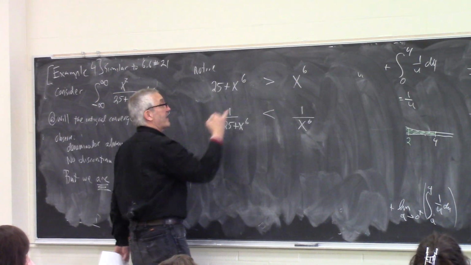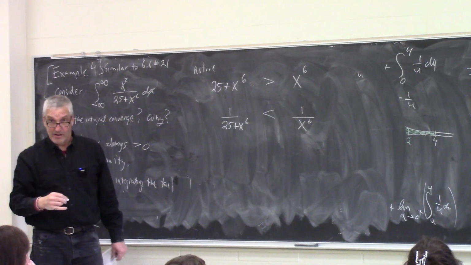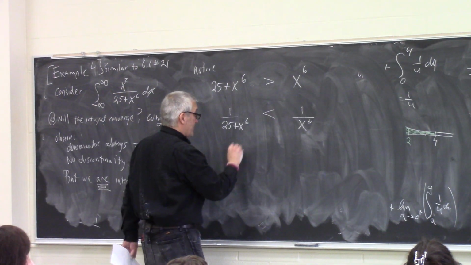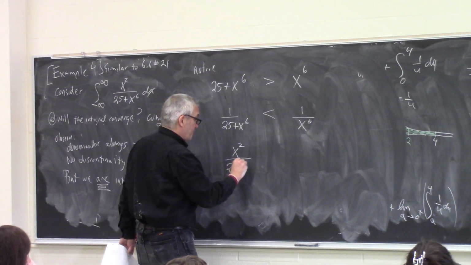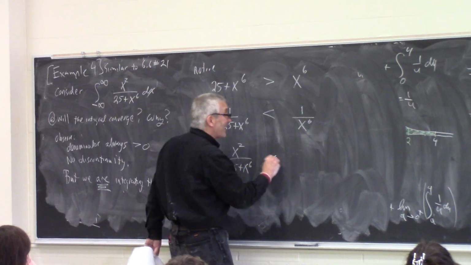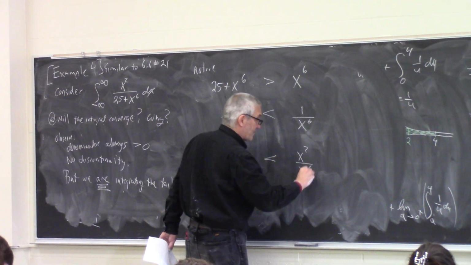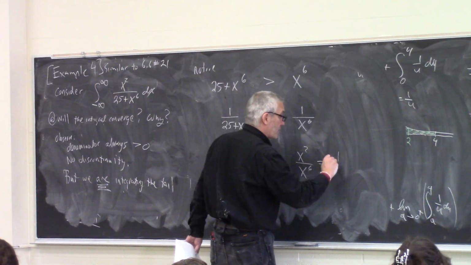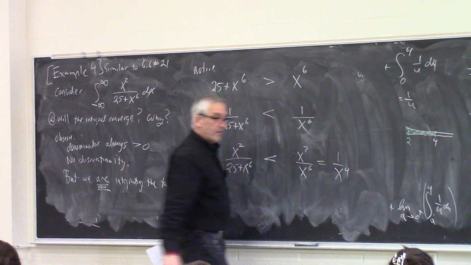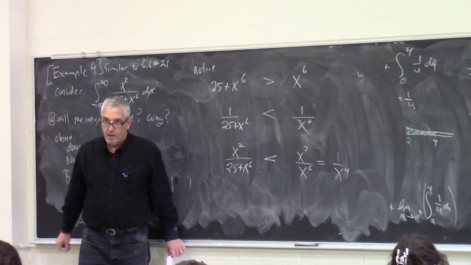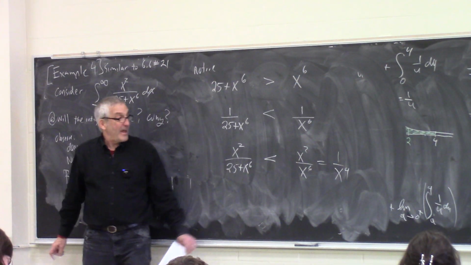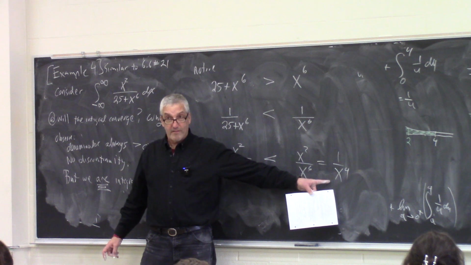This number is bigger than that, so 1 over that number is less than that. So x squared over 25 plus x to the 6th is less than x squared over x to the 6th. Oh, but that's just 1 over x to the 4th. How does the integral of the tail of 1 over x to the fourth behave?